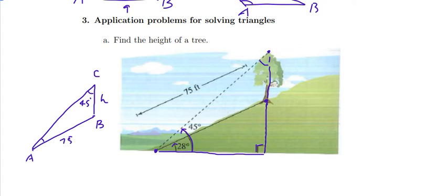Then for angle A, we use 45 degrees minus 28 degrees, right? So this equals, I think, 17. Yeah, 17 degrees. Okay, so this is 17.